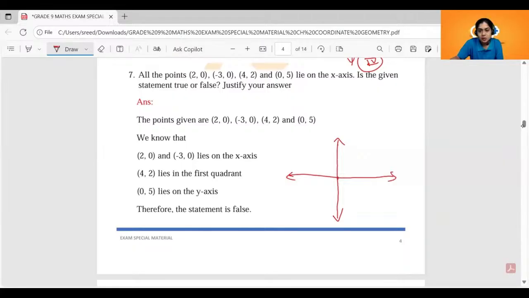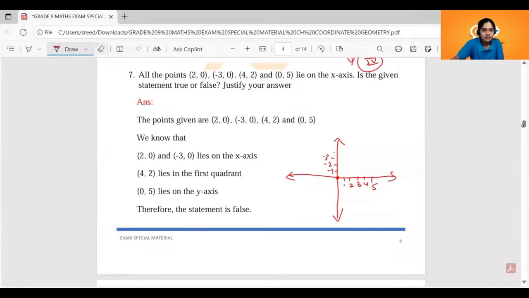Correct. So this is our origin. Okay, definitely the ordered pair over there is (0, 0). Correct. 1, 2, 3, 4, 5. Negative 1, negative 2, negative 3. Sorry, it's positive only.